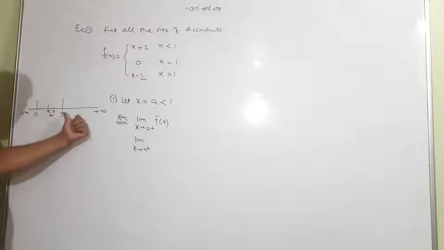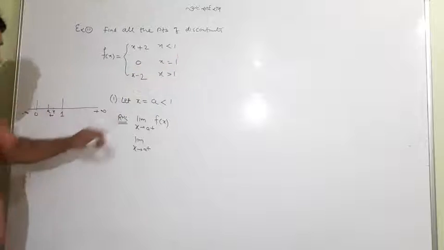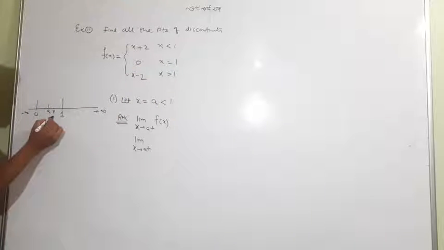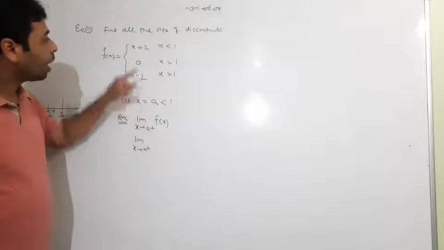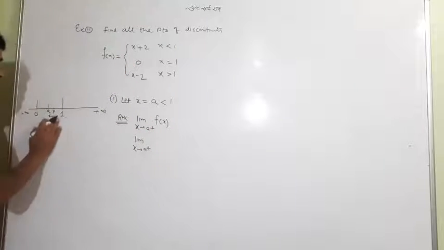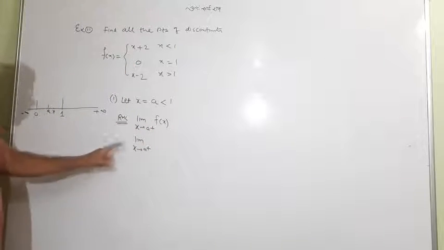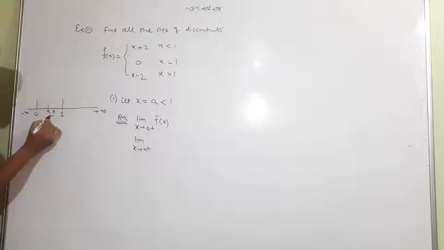When x is coming to a from the right side, x is greater than a, but we talk about 1. In all senses, a is less than 1. So what is f of x? Either this or this or this. When x is coming to a from the right direction, it will appear here, and ultimately it is less than 1.